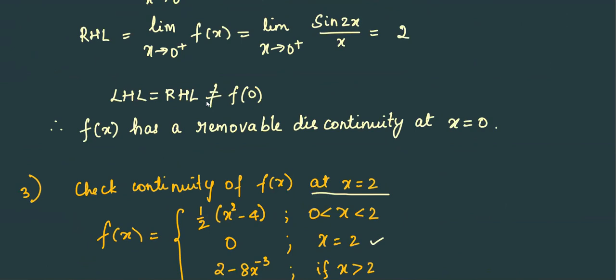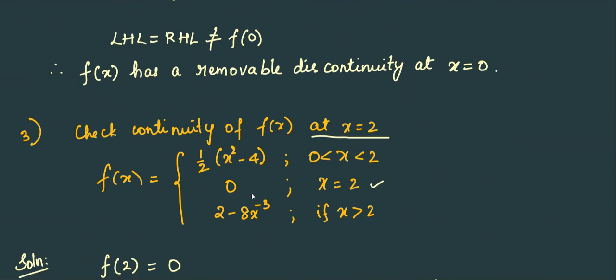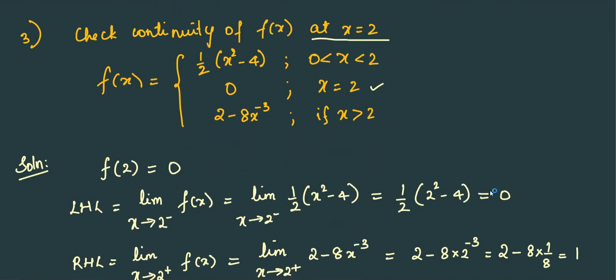In case the third question has the third case as 2 minus 9x to the power of minus 3, then the function value would be 2 minus 9 by 8. So you will get a fractional value.